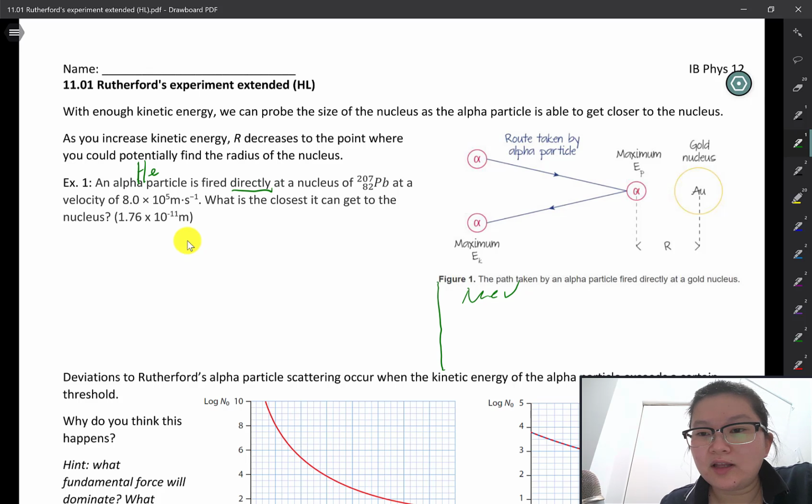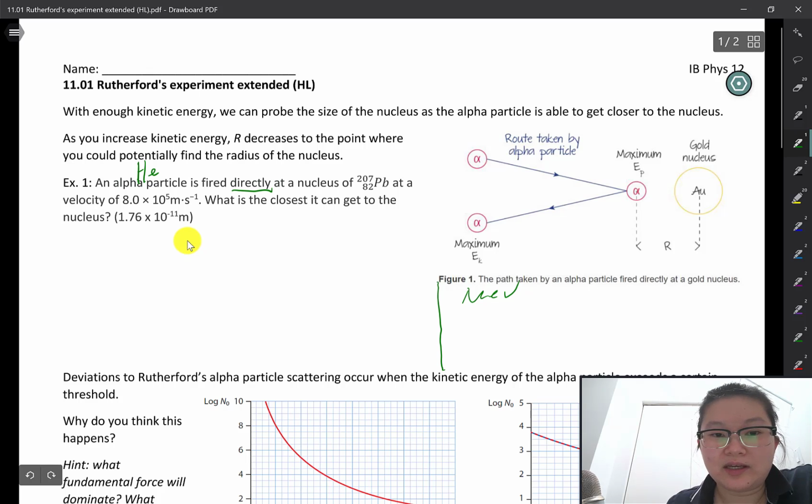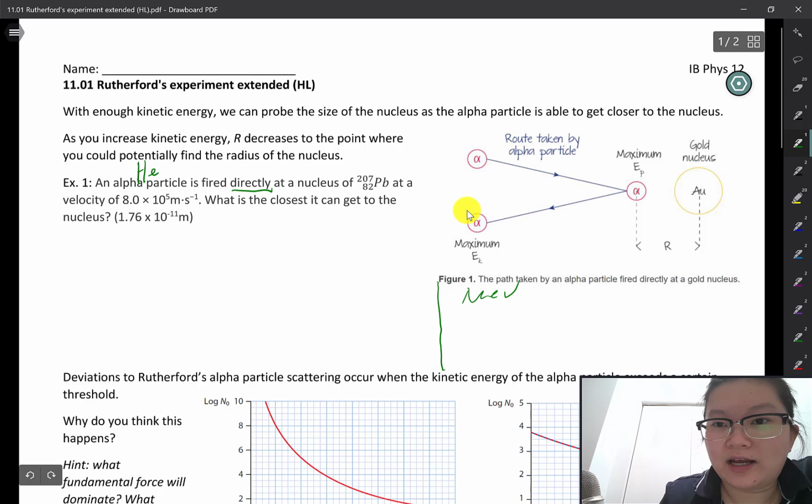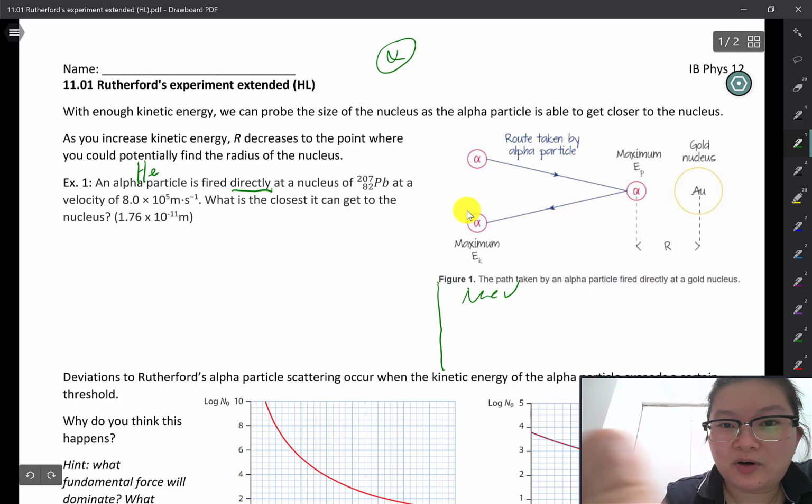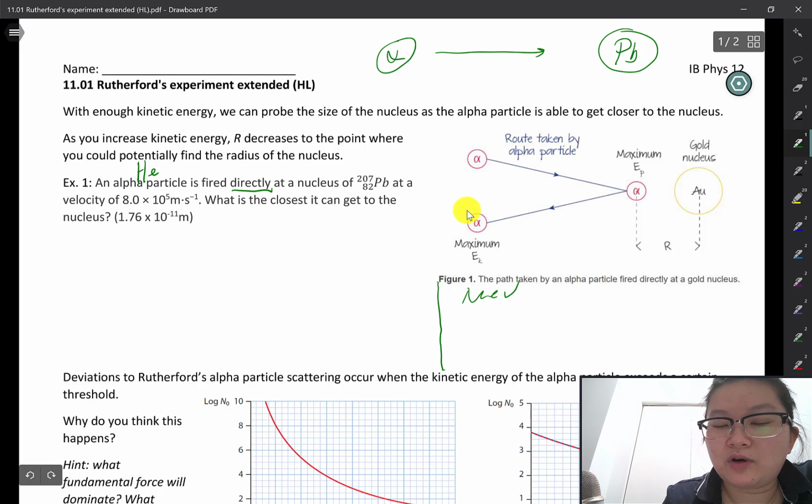When an alpha particle is colliding with any sort of nucleus, what happens, here I'll draw it out, is this alpha particle is going to approach as close as it can get before it comes to a momentary stop, in which all of its kinetic energy is going to get converted into electric potential energy.